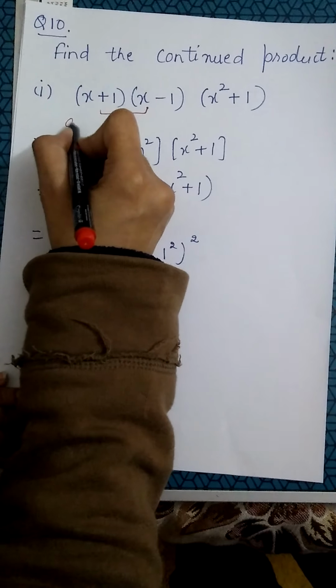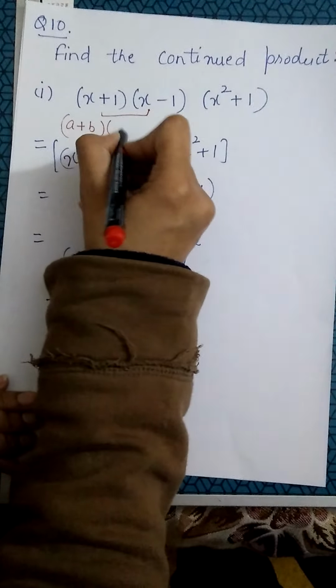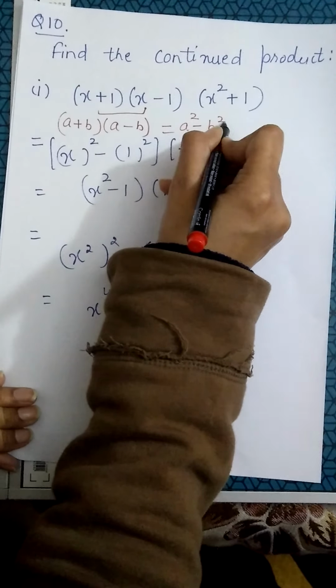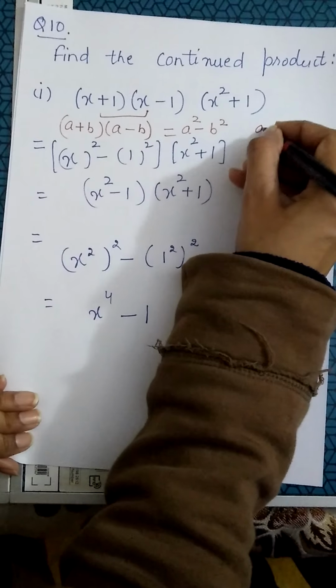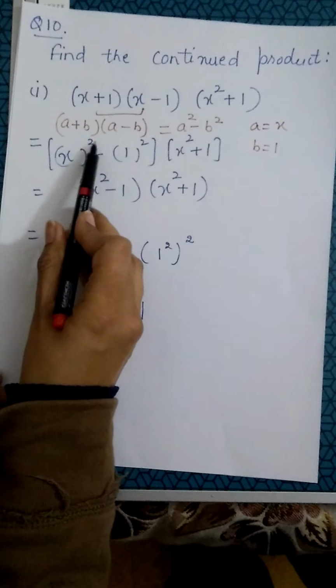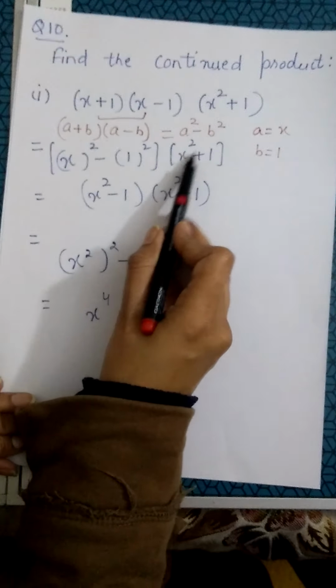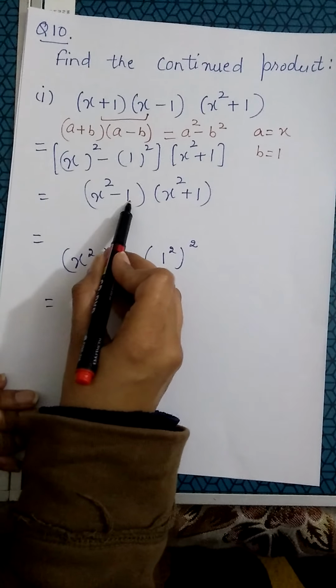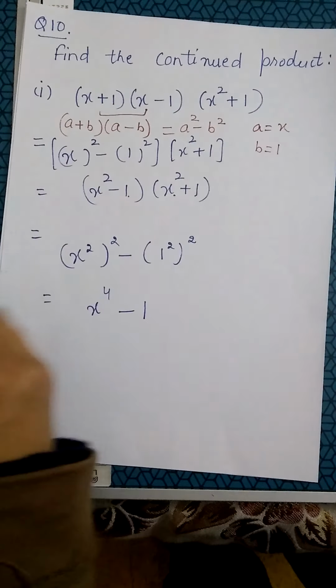And if you see, we can compare this with the identity (a plus b) into (a minus b), which is equal to a square minus b square, where a is x and b is 1. So that is x square minus 1 square into x square plus 1, because this term is multiplied. We get (x square minus 1) into (x square plus 1).